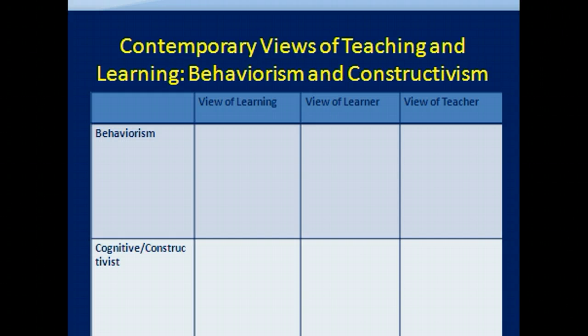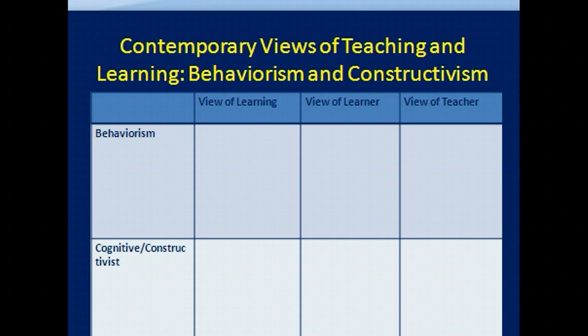Slide 48 is a little matrix, and what I'd like you to do is just maybe take a piece of paper and a pencil and try to draw out or provide the answers in the boxes that you see here on this slide. For example, behaviorism, if you go across, what is the view of learning from someone who uses a behaviorist approach?